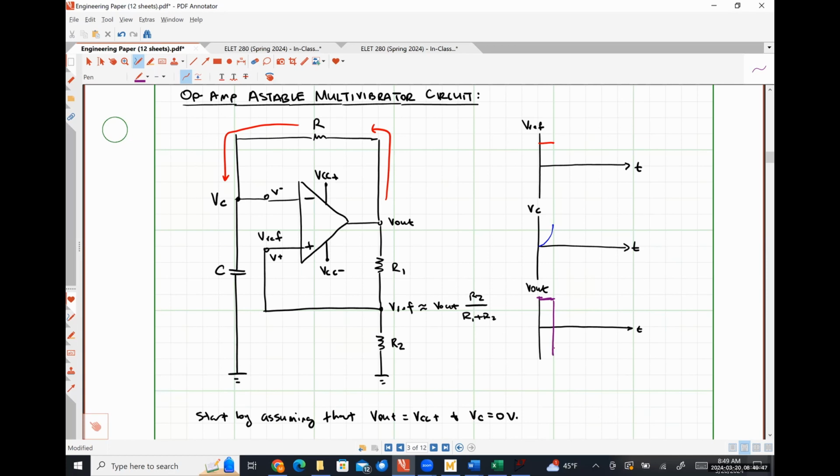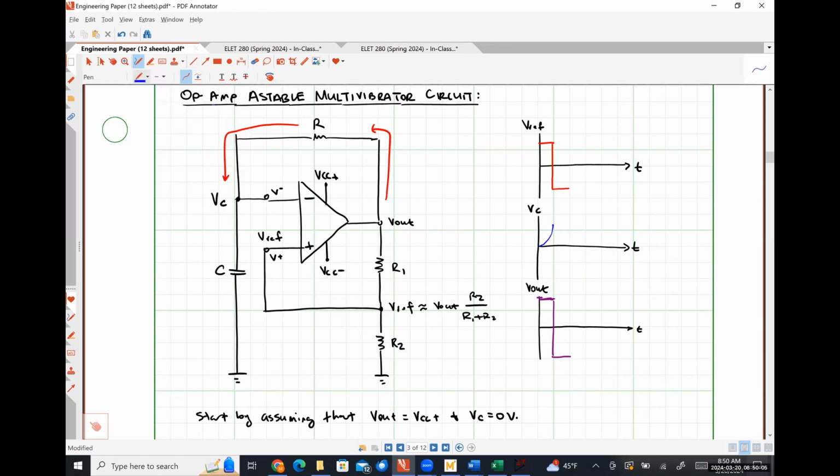It's going to push the output low, like so, which in turn makes this reference voltage low. And now the capacitor is at a higher potential than V out.